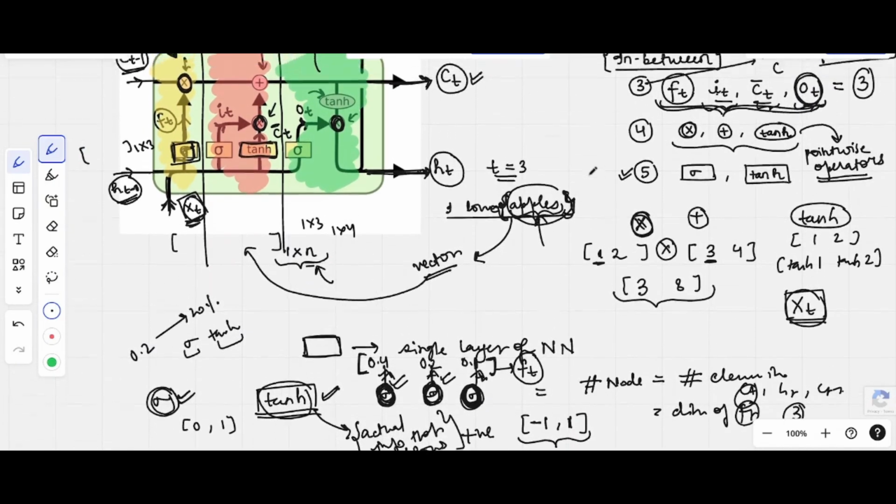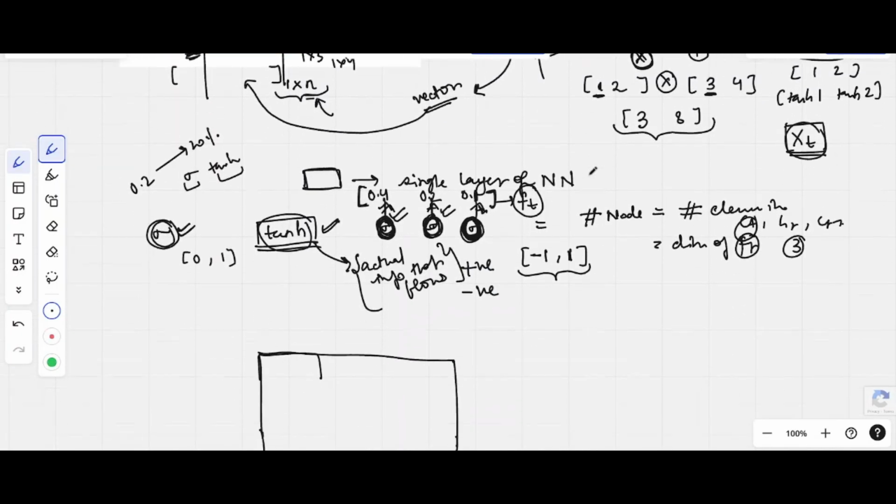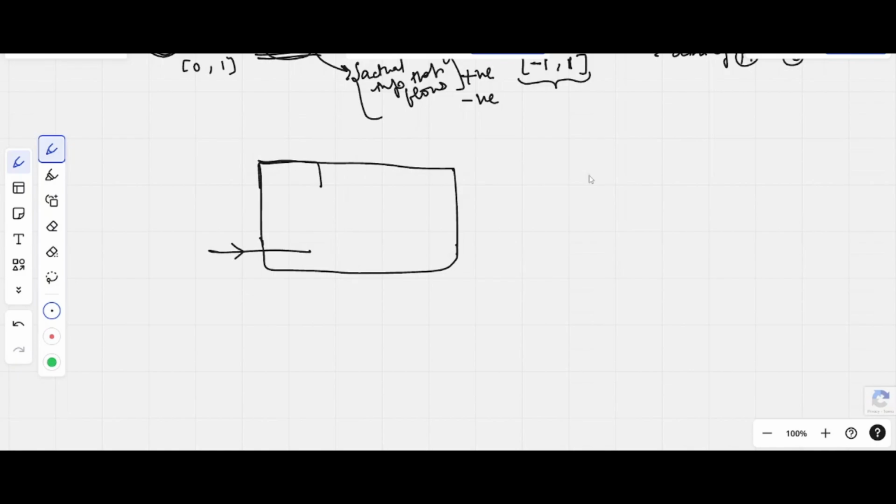It takes in ht-1, it takes in xt, then we have a sigmoid neural network layer, and then we give ft as output. We have ct-1, and there is a pointwise multiplication happening here, and we call this the forget operation.